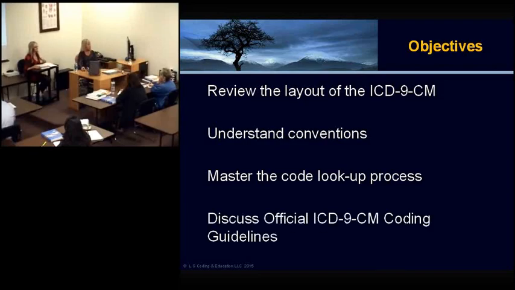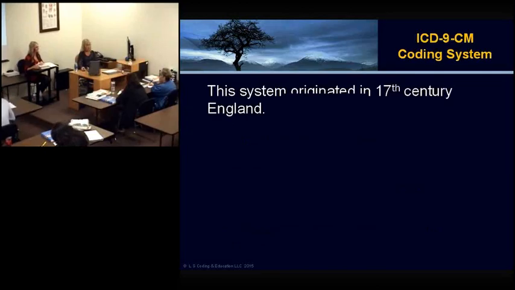If you don't look at the guidelines before you code something, you could very likely get the answer wrong. I have a quiz question, I believe in chapter 3, where if you don't check the guidelines for how to code that specific type of illness, you're going to get it wrong. So be aware that you need to rely on your guidelines.